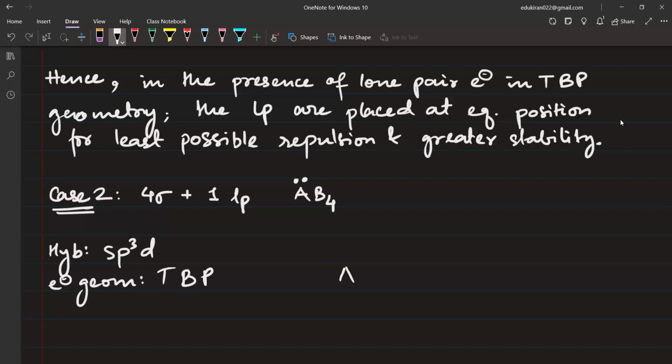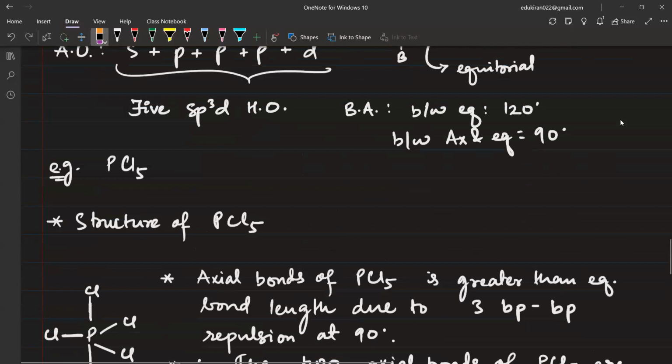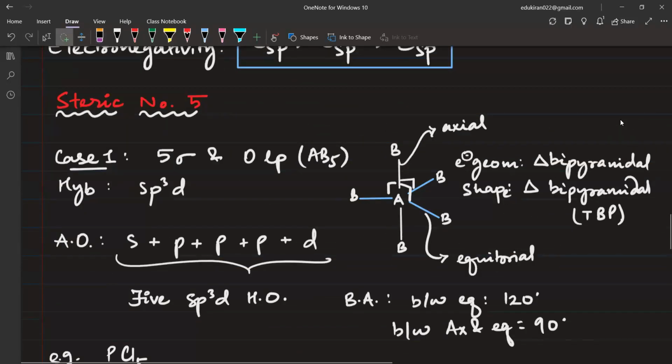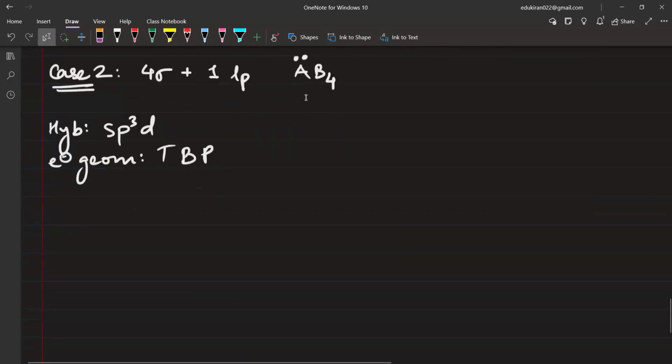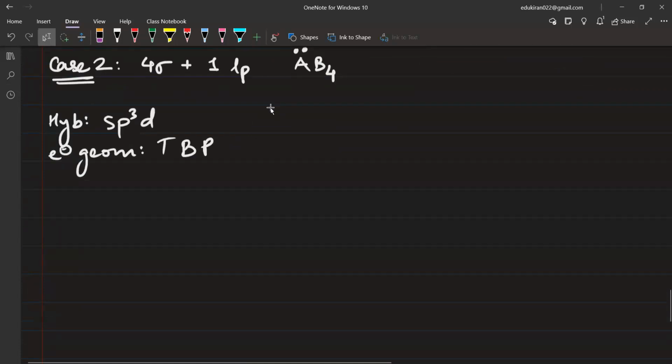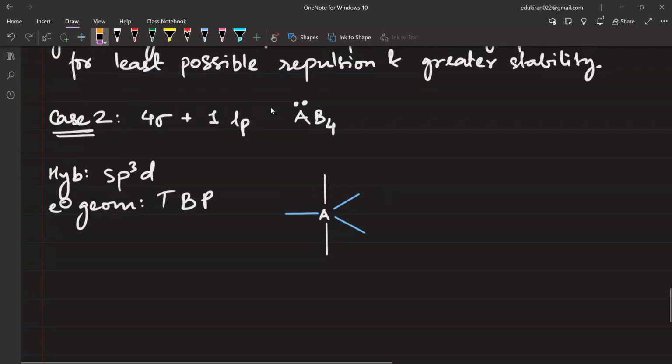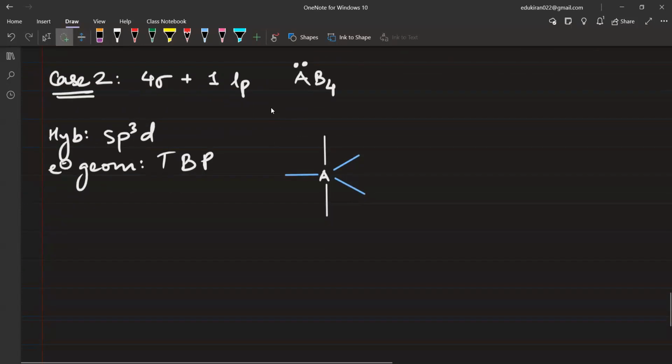Okay. Now let us make the trigonal bipyramidal. So we had the trigonal bipyramidal here. Let me just copy this. So I'm making the geometry right now. And tell me, where should I put the lone pair first of all? White or blue?